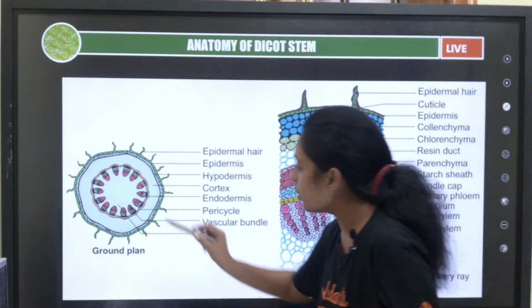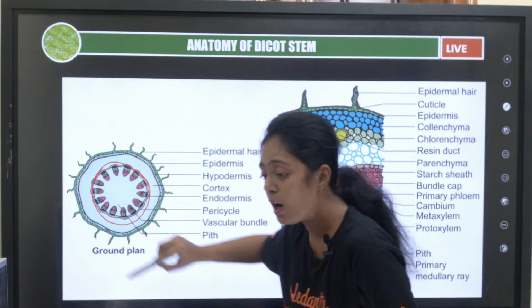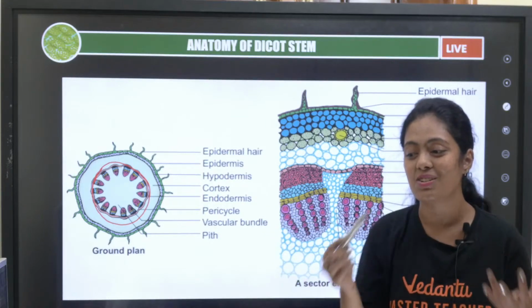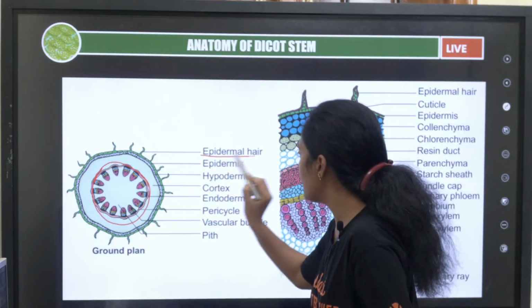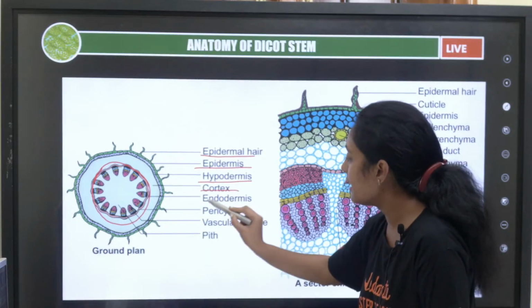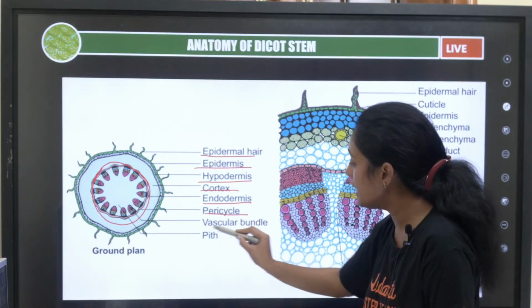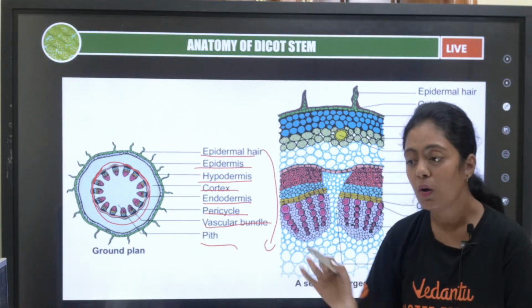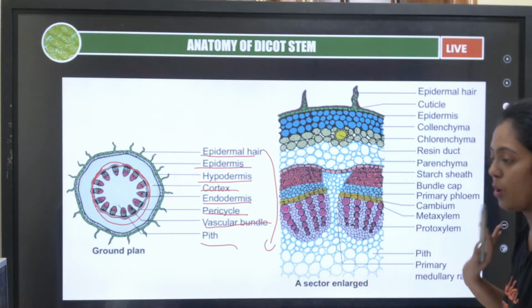Can you see here? This is the ground plan, and this is how the vascular bundles are arranged in a ring-like structure. You have the epidermis, below that the hypodermis, then cortex, endodermis, pericycle, vascular bundle, and pith. Please understand this hierarchy; it is very important.